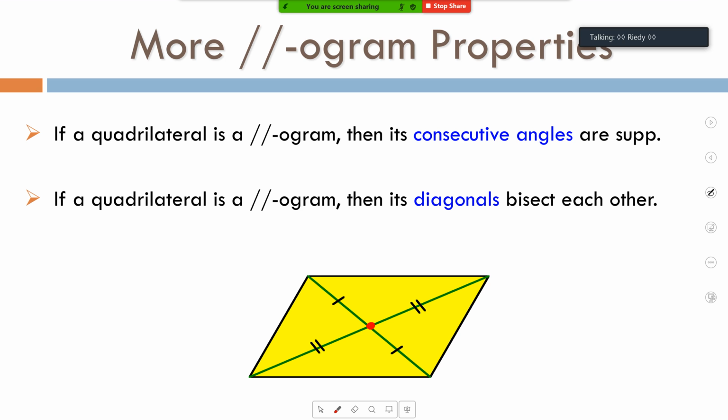Want some help? Anybody else? Why not, Daniel? The midpoint. Yep, that's the midpoint. If they're going to bisect each other, then they have to pass through each of their midpoints. So they share a common midpoint. Thank you, Bobby.